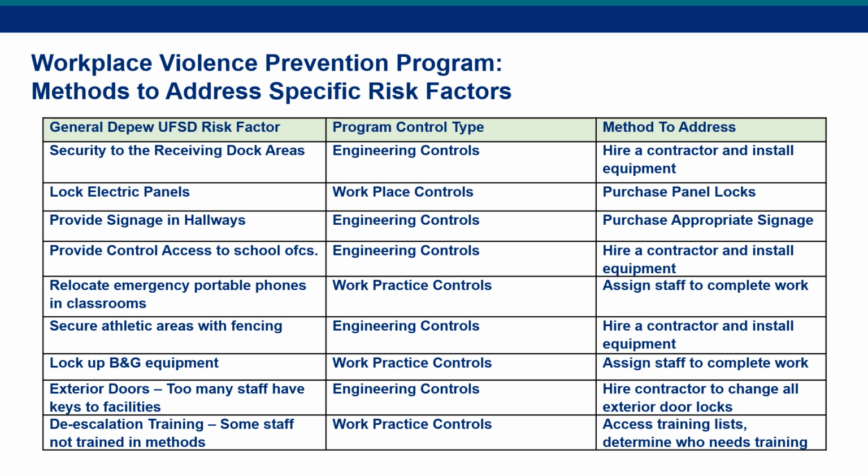In the first column, we see general Depew Union Free School District risk factors. These were identified as being district-wide. Security to the receiving dock area, locking of electric panels, providing signage in hallways, providing control access to school offices, relocating emergency portable phones in classrooms, securing athletic areas with fencing, locking up buildings and grounds equipment, exterior doors with too many keys being out to too many staff members, and de-escalation training where some staff have not actually received said training.